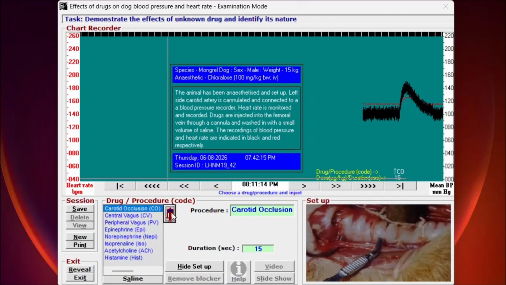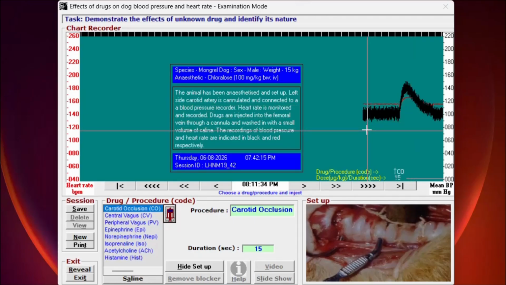As you have already seen, when the carotid arteries are occluded, it leads to an increase in the mean arterial blood pressure, and there is an increase in the heart rate also. The reason behind this is what I have already mentioned, the baroreceptor reflex.